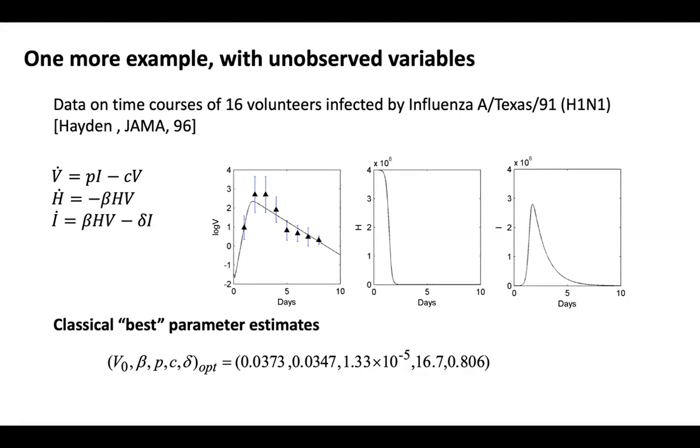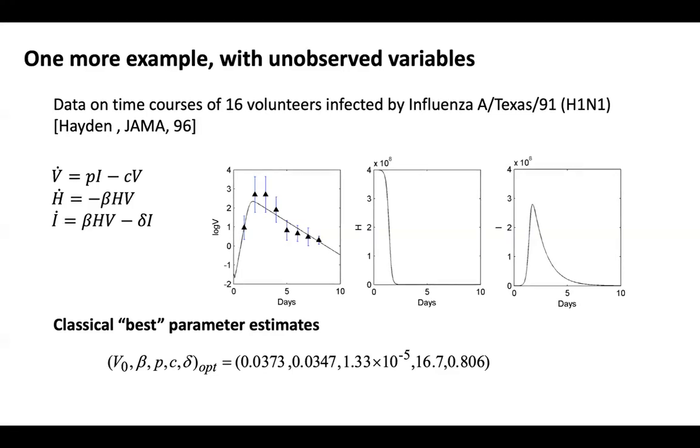All we have is measurements of V, shown here in log space, and this is a fit. We get V values based on classical maximum likelihood approaches to getting the best parameter fit from this model, including the initial condition for V itself, V0, which we don't already know.